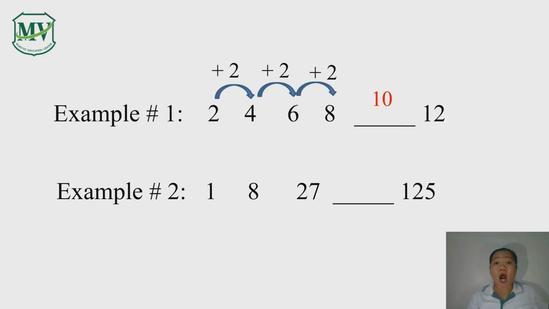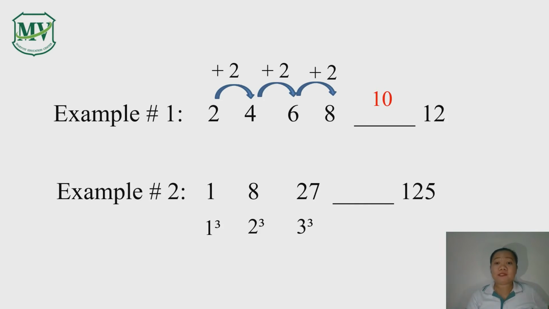Yes, our pattern shows that we use the rule of cube numbers. In every number, we multiply by itself 3 times. For example, 1 multiplied by itself 3 times equals 1. 2 multiplied by itself 3 times equals 8.